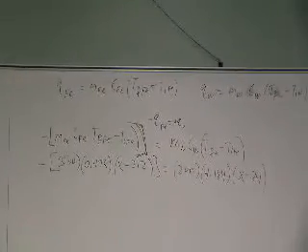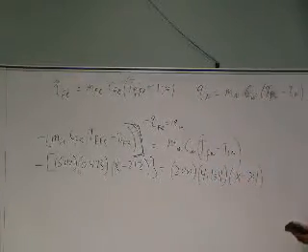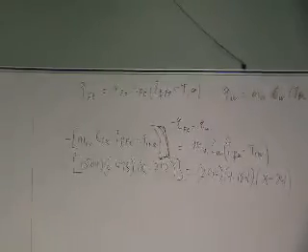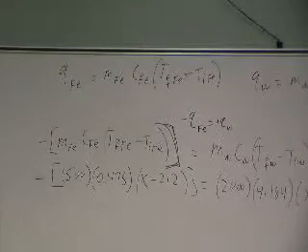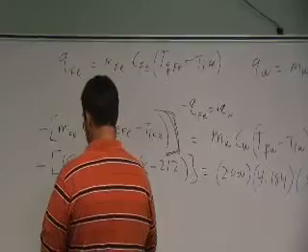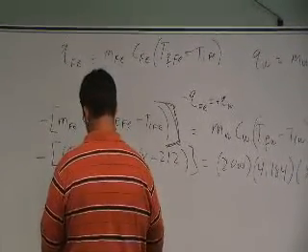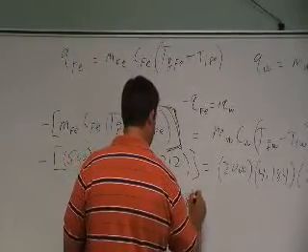Well, negative 500 times 0.473 is going to be negative 236.5x plus 50,138.